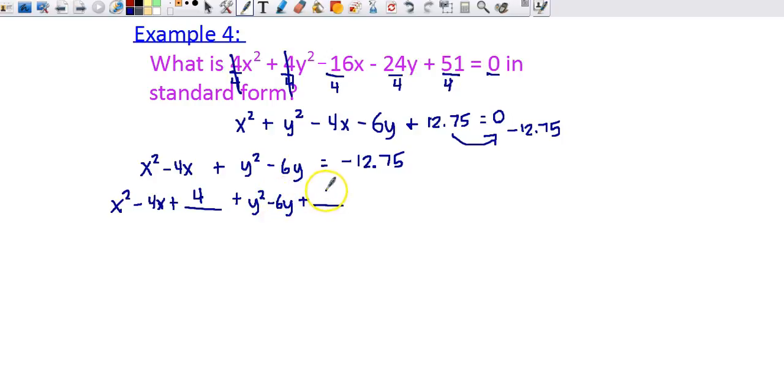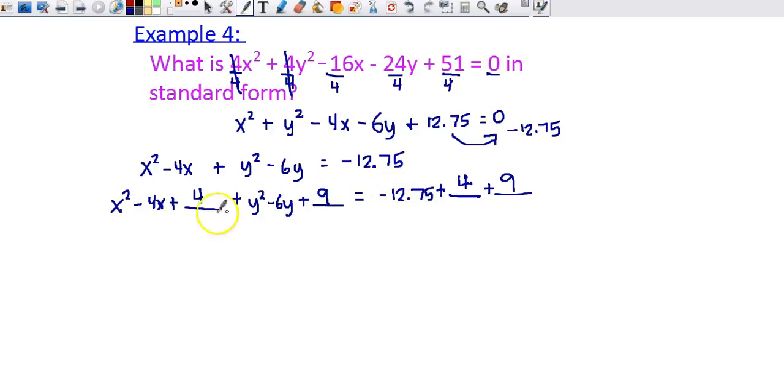That's going to be 3 squared, which is 9. So what must get added to the left gets added to the right. So 4 there, 4 there, 9 there, 9 there. Balance that equation out. That's the whole point of algebra, is balancing, solving for x and solving equations and balancing them out.